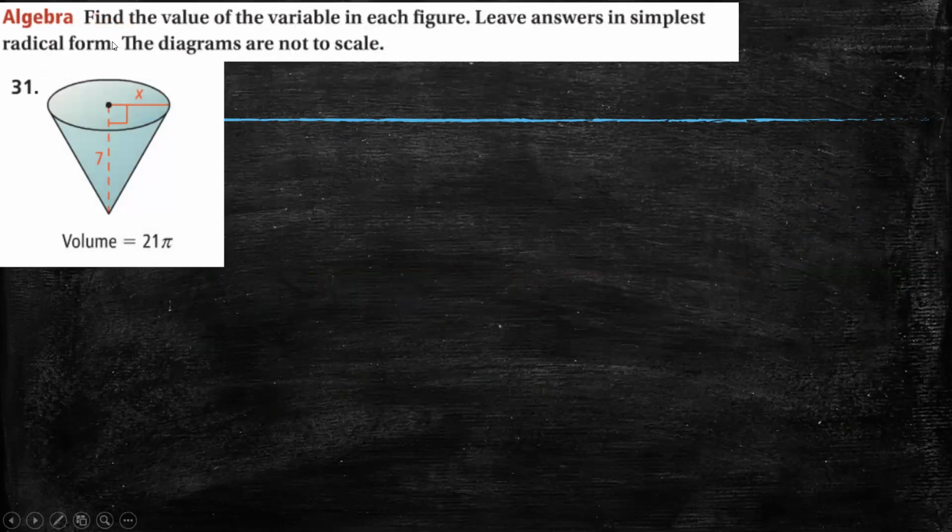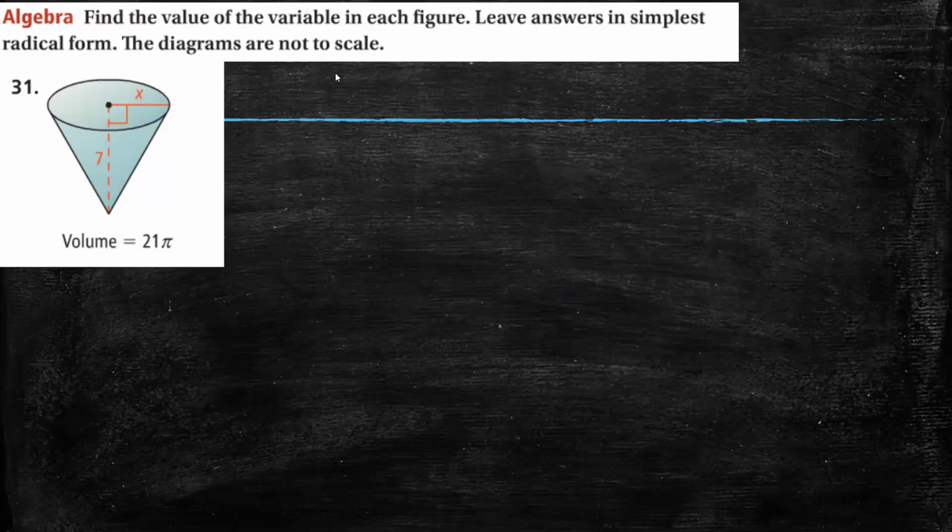Another example now. Find the value of the variable in each figure. Leave answers in simplest radical form. The diagrams are not to scale. In this one, we have a cone with a volume of 21 pi, a height of 7, and an unknown radius. I have to find the radius.